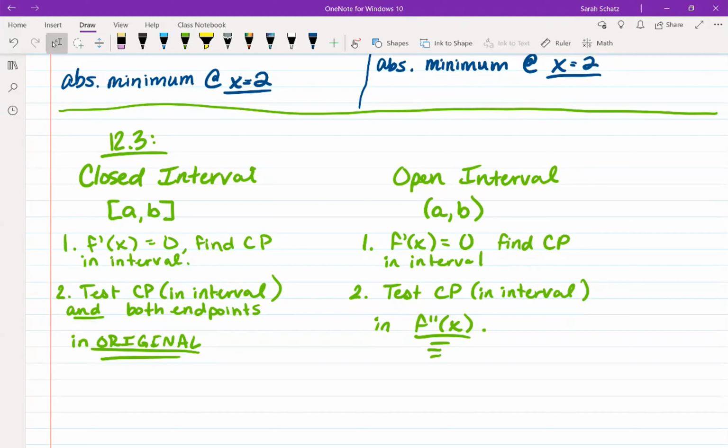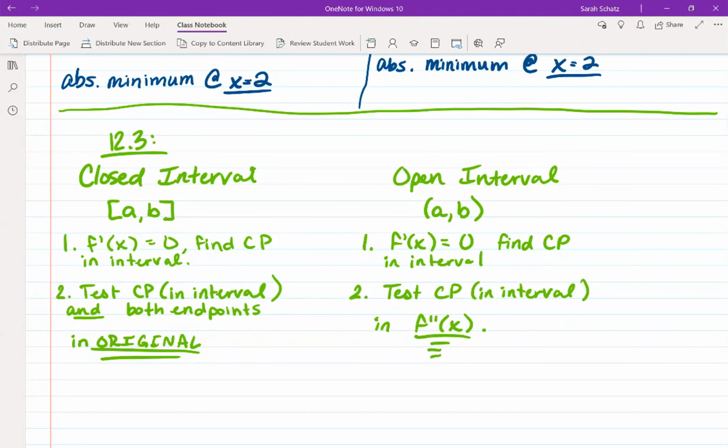Because it's just words, you have to decide: is that on an interval? Is it open? Is it closed? What exactly are they looking for? You have to be able to figure all that out. I'm not always going to say, use the 12.2 method or use the closed interval. You have to be able to figure that out.